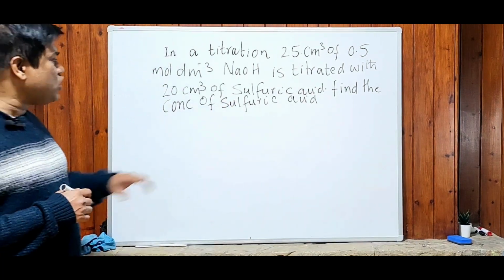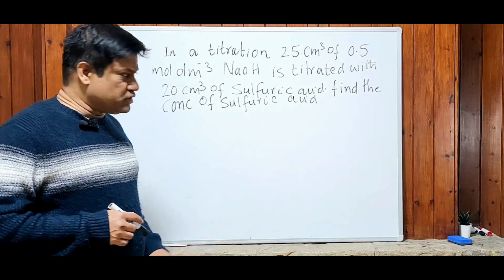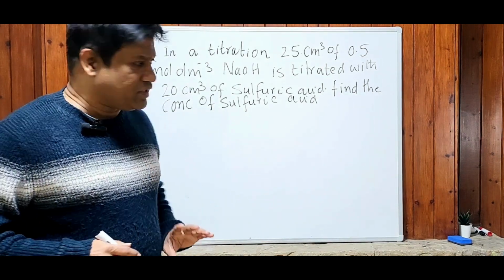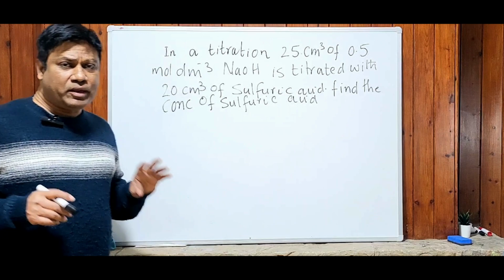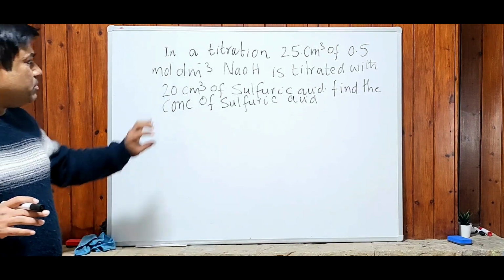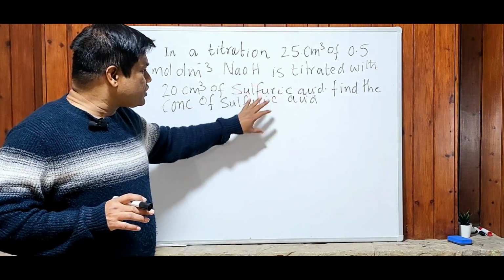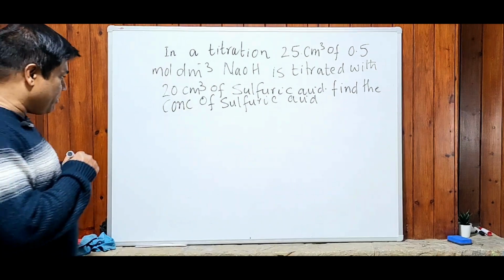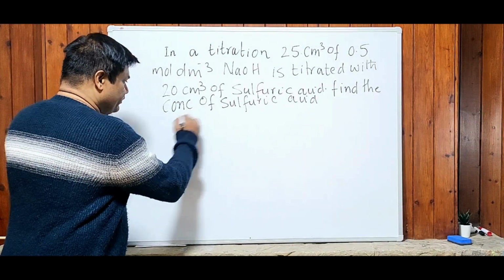So how do we approach that question? The basic thing is that you have to write a balanced chemical equation between sodium hydroxide and sulfuric acid. That's the first step, guys.